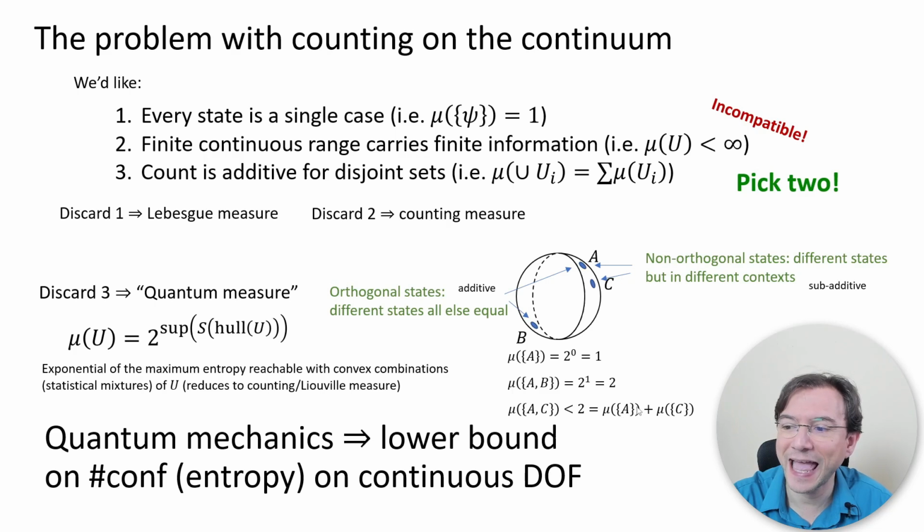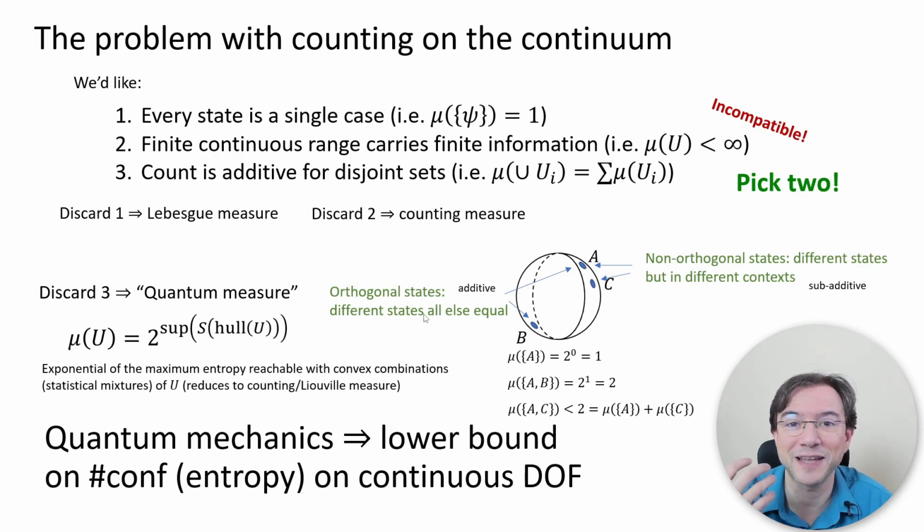And if you take anything else instead, the maximum entropy that you can achieve is less than 1, and so you're going to have a measure that is less than 2, and therefore the measure is going to be subadditive.